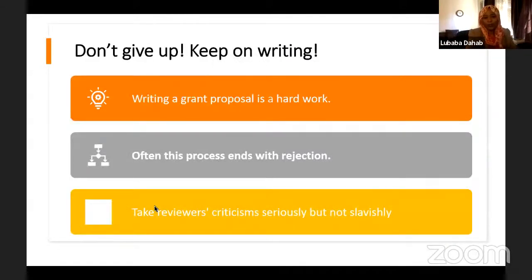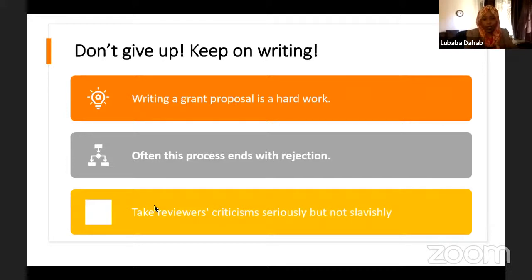We tried our best to provide you with a brief introduction to how to write a successful NIH grant, but always remember, don't give up, keep writing. It's really hard work. As Ali mentioned, you need to focus on the deadline, give yourself a good amount of time, collect all the resources that you need, collaborate, and ask for help.